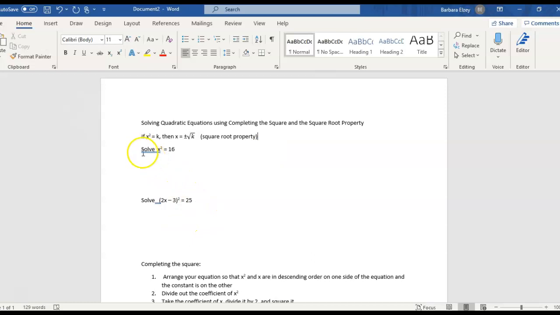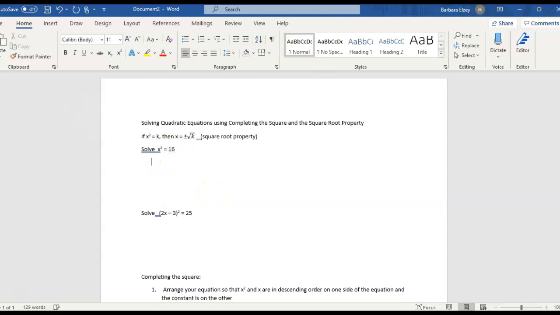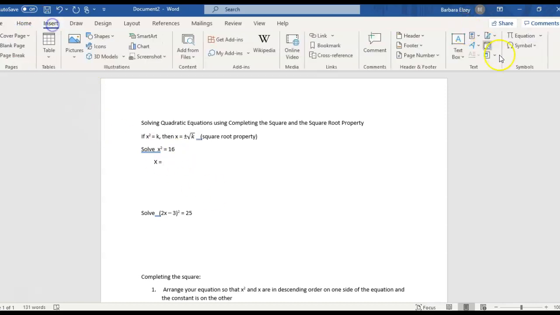All right, so let's solve x squared equals 16. Notice that it is in the form that our square root property shows. So according to our property, we can solve this by having x equal the positive and negative square root of 16.